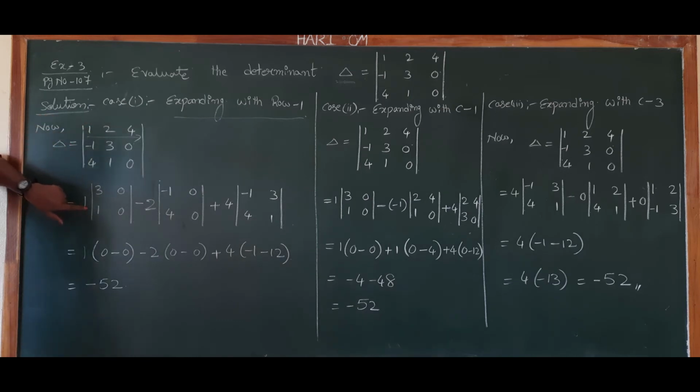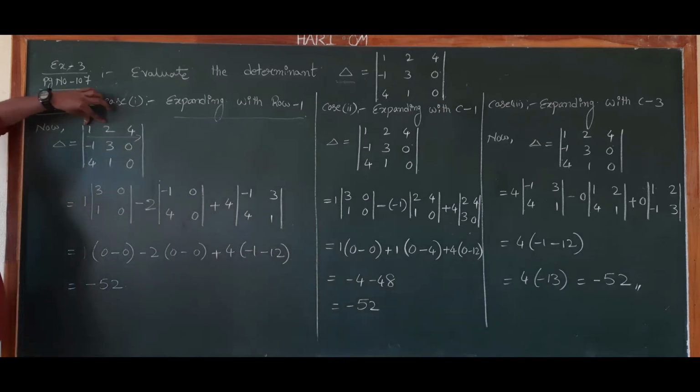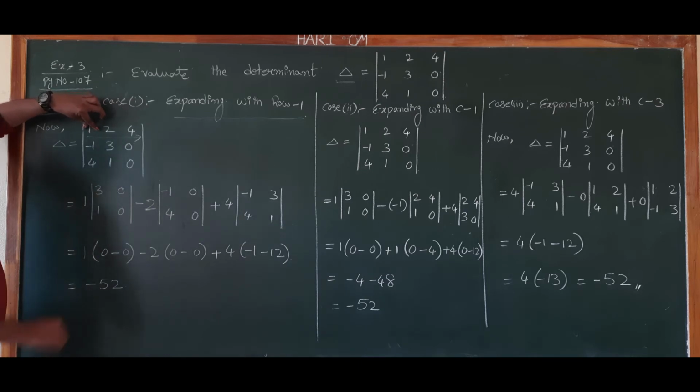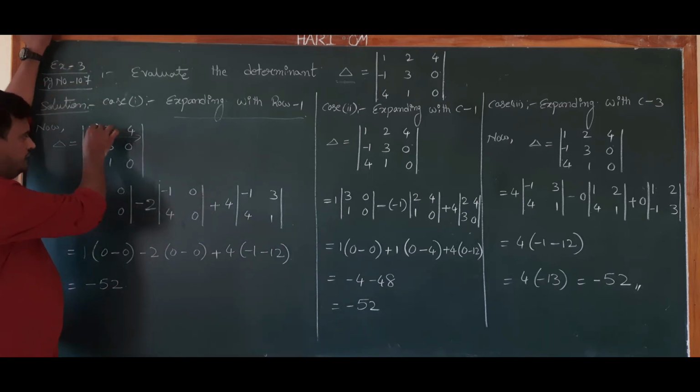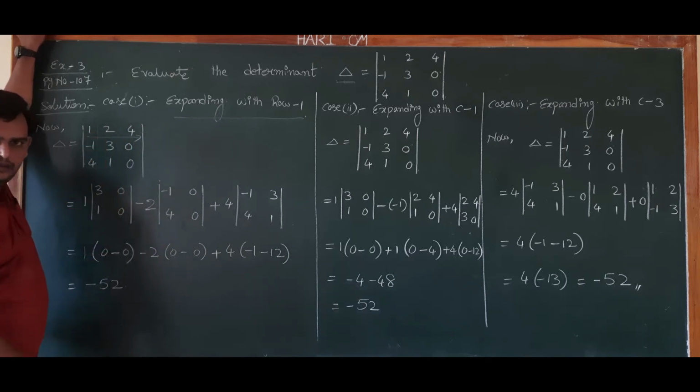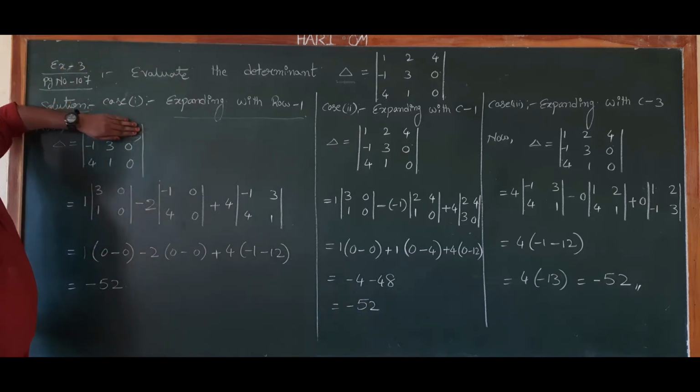First expansion we are taking 1 into. As I told you, when we choose the element 1, we have to eliminate the corresponding column and corresponding row elements. By leaving the corresponding row and column elements, you can observe only 4 elements, 3, 0, 1, 0, which indicates a 2 by 2 square matrix.